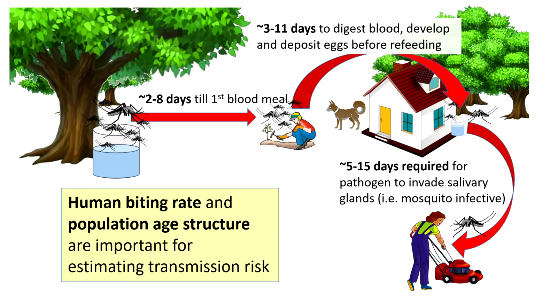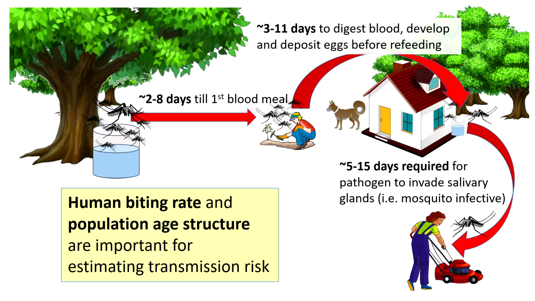So as I alluded to, the reason these two are very important is because they really determine the potential for disease transmission. Human biting rate determines the number or proportion of mosquitoes that are actually coming in contact with humans, possibly picking up or transmitting a virus.